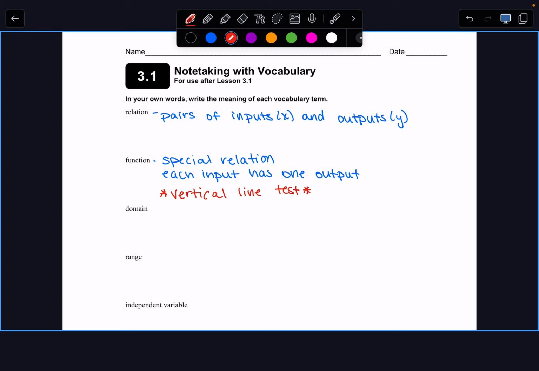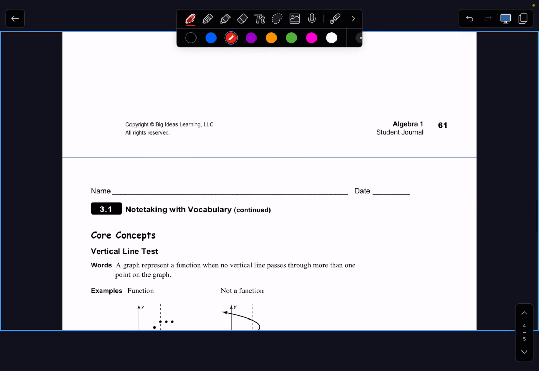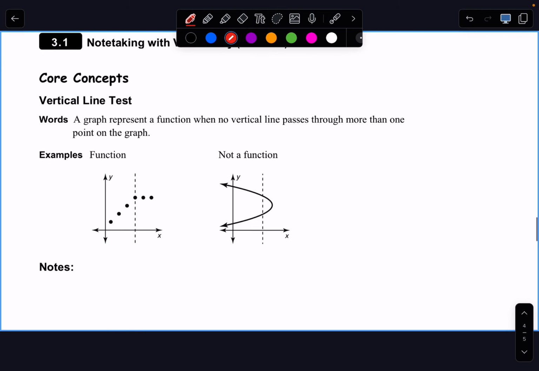So because we're dealing with functions, and functions, our inputs can only have one output. If an input has more than one output, those coordinates are going to be vertical of each other. So we have what's called the vertical line test.